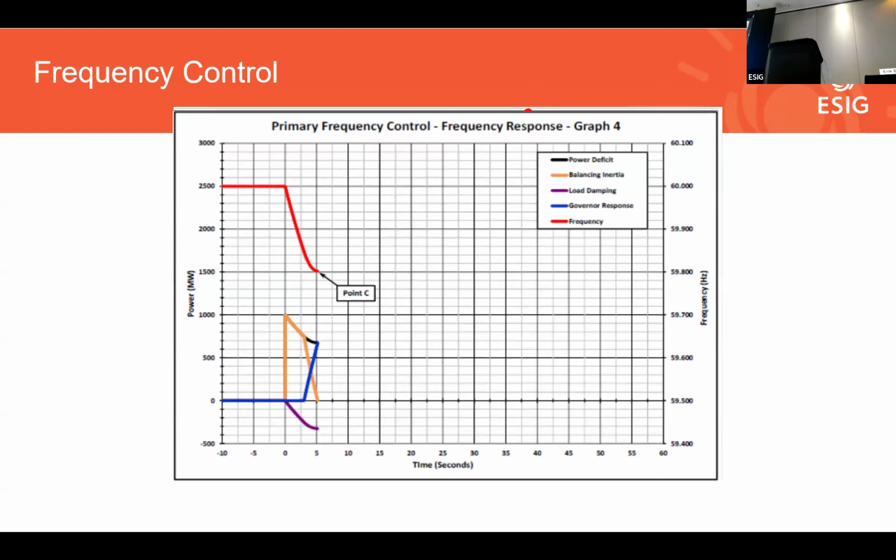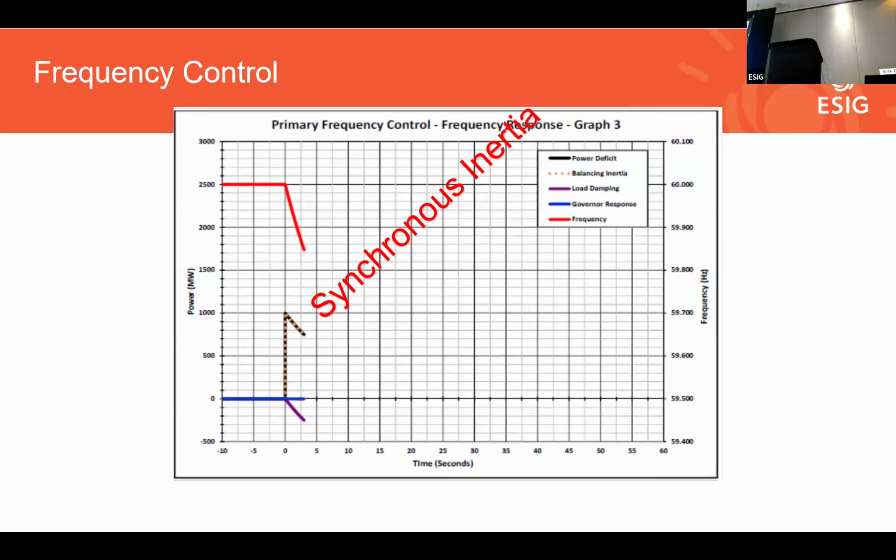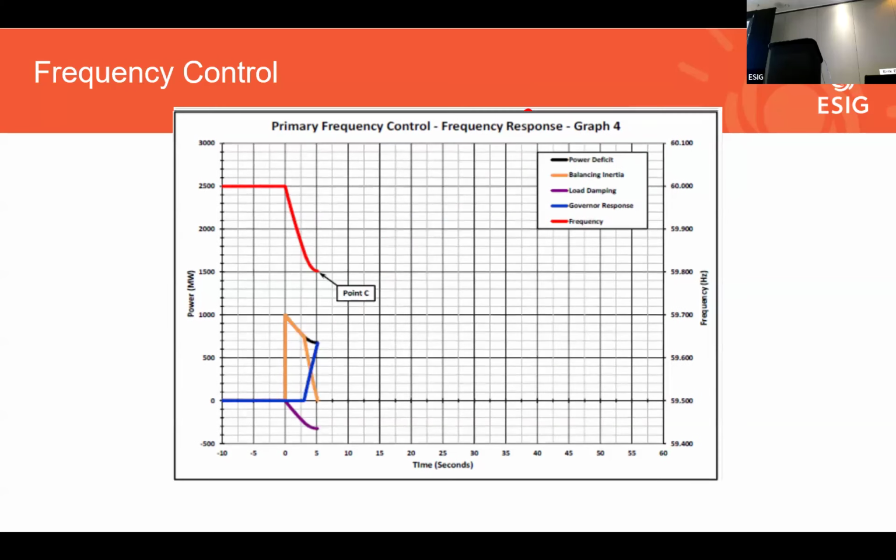But once that governor control or primary frequency response starts to be activated in the blue, now you're seeing that it's balancing out that deficit and allowing the inertia to steady, right? So the speed of the machines is now at constant, which is where you're seeing that frequency nadir. That decline is arrested.